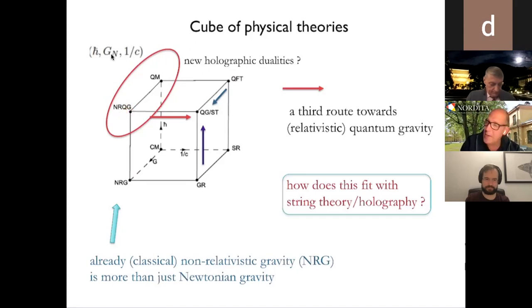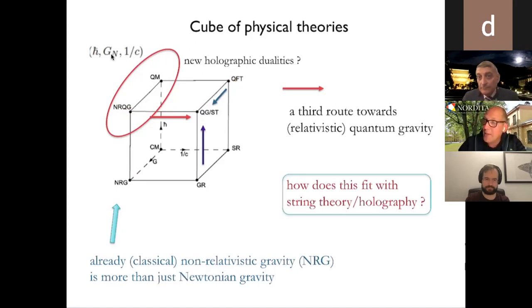It's interesting in its own right, I believe, but you can also hope that just as we like to approach this corner from here to here, we can learn lessons and turn on the finiteness of the speed of light, do some perturbative corrections in 1 over the speed of light to approach the relativistic case.